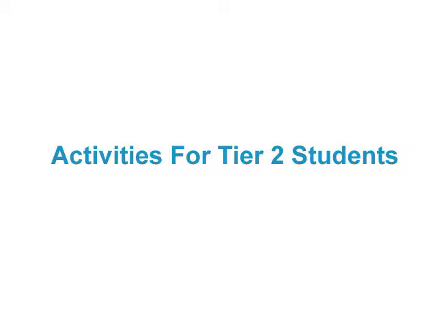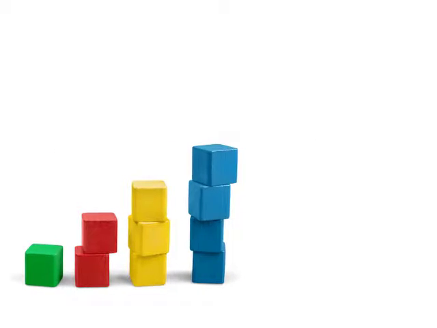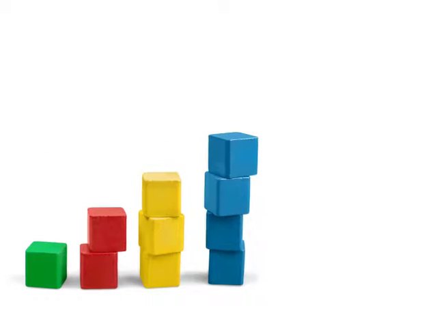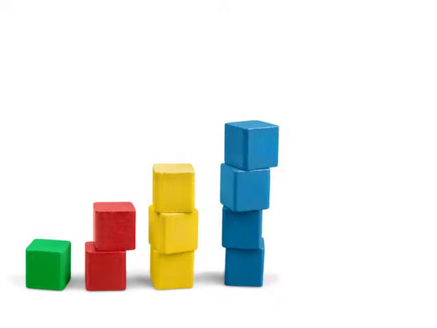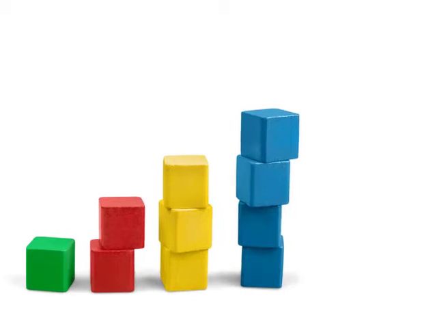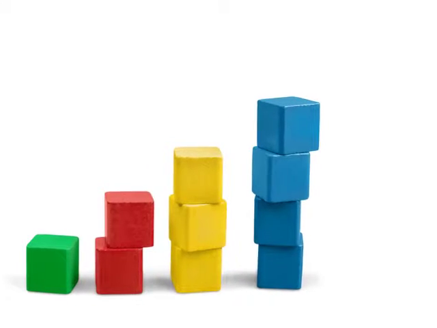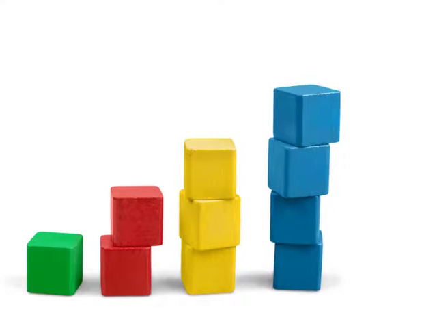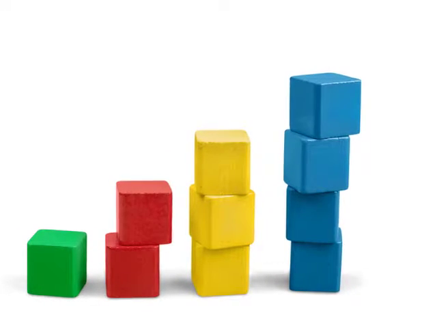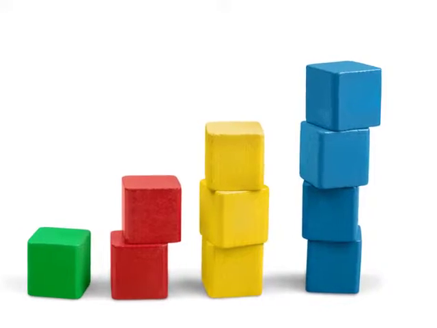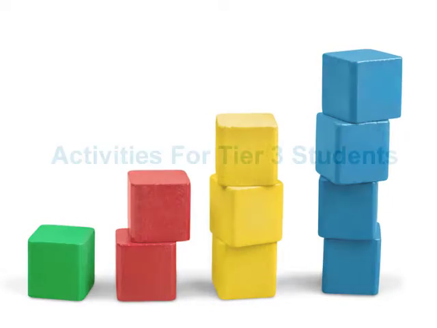For Tier 2 activities, I would use manipulatives to describe multiplication sentences for the unknown. This will allow students who find it hard to comprehend text and word problems and who are not fluent in their math skills to use manipulatives to show me math sentences.